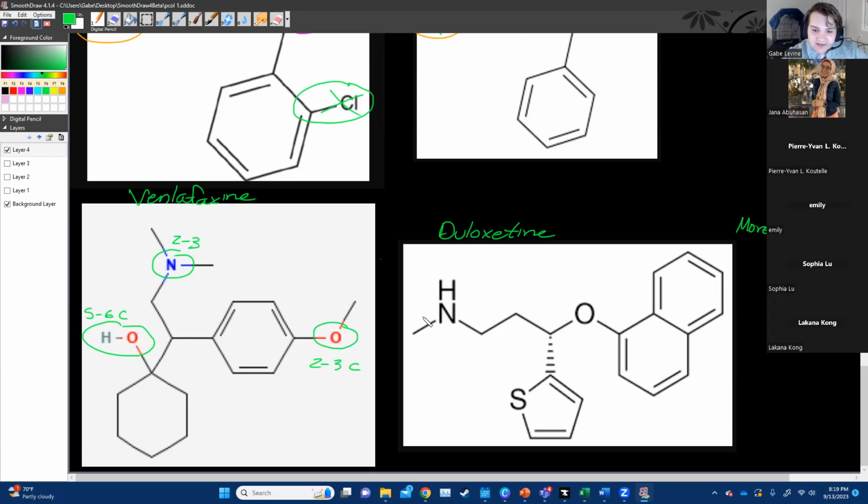Compare this with duloxetine, and we have the same thing. We have an NH bond, which is very polar, 5 to 6 carbons. We have this oxygen, 2 to 3 carbons, and the sulfur, 2 to 3 carbons. So which is better? Neither one.